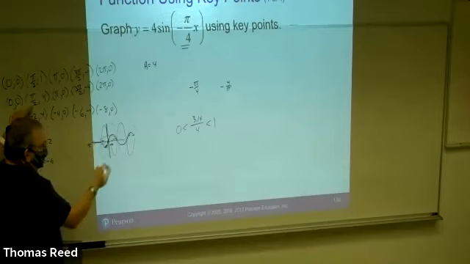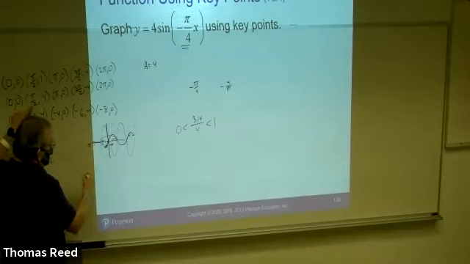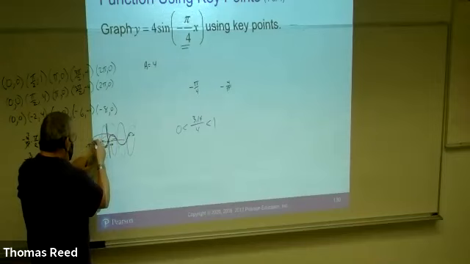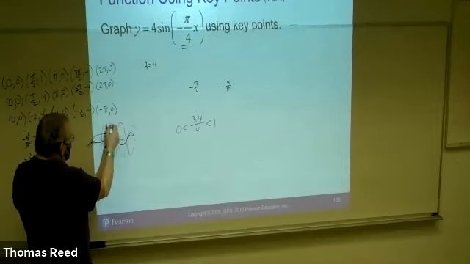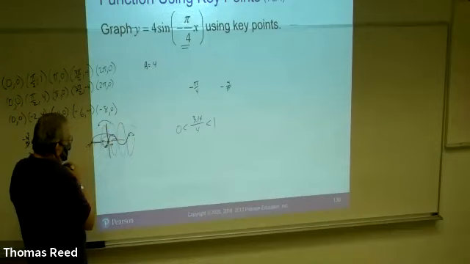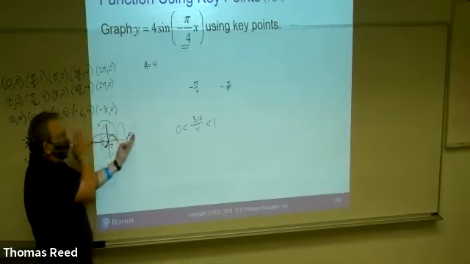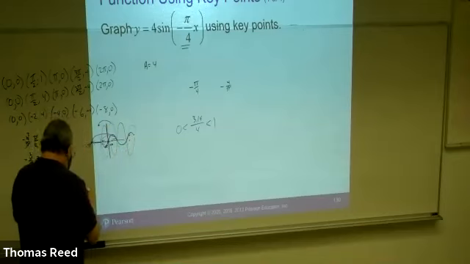Okay, this pi is 3.1, or negative pi. And so this point got moved all the way over to here, which means this point would get moved to here, over to here. So I'm just flipping it across the y-axis.